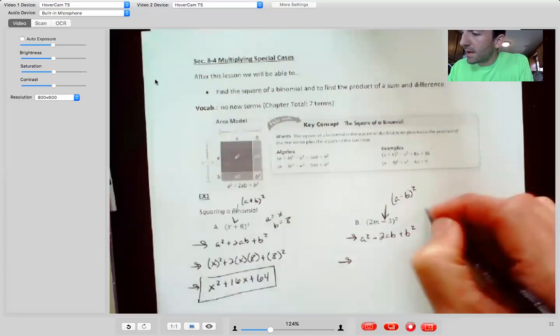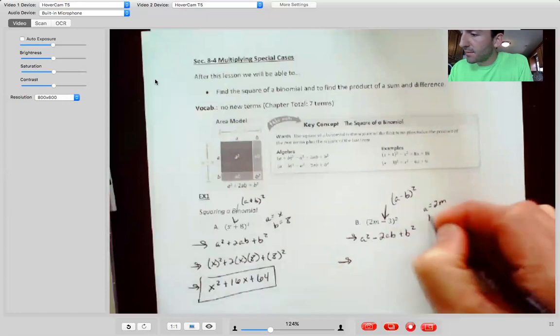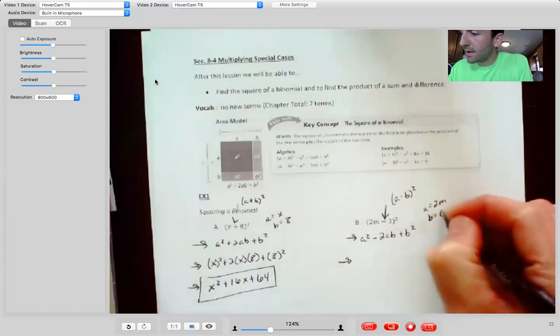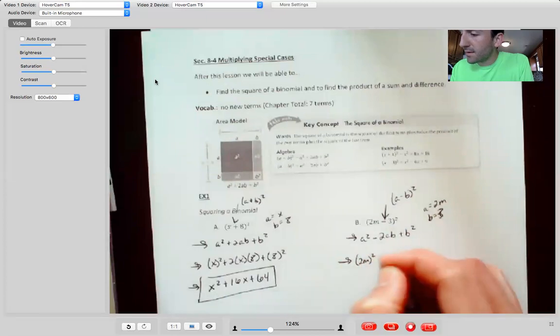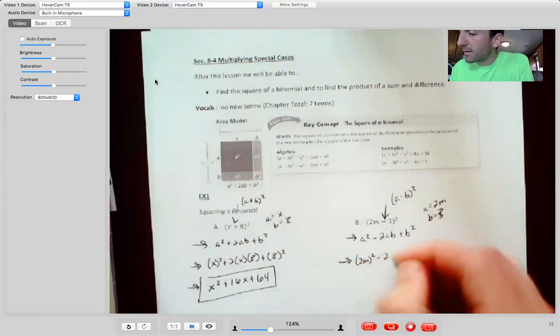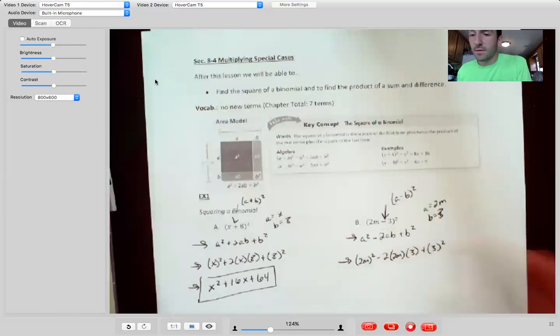This time a is equal to 2m because that's my first term, and b is equal to 3. All right, so then we have 2m squared, those parentheses are important, minus 2 times 2m times 3 plus 3 squared.